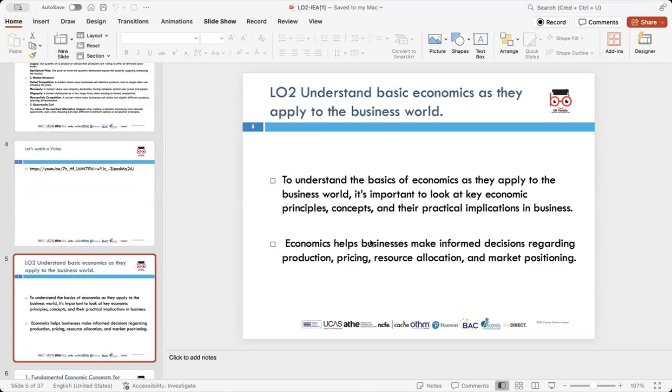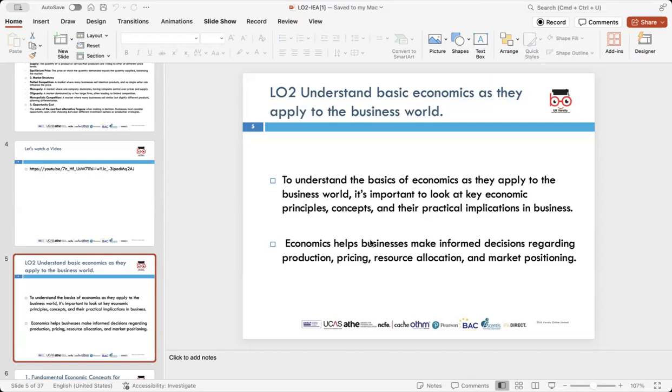Right. So, understanding basic economics as they apply to the business world. Now that we have covered some essential economic principles, let's examine how they directly affect businesses. Every company, regardless of size or industry, relies on economic knowledge to make decisions about production, pricing, and resource management.